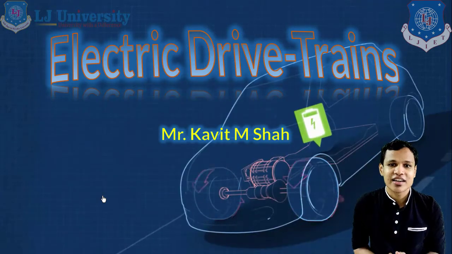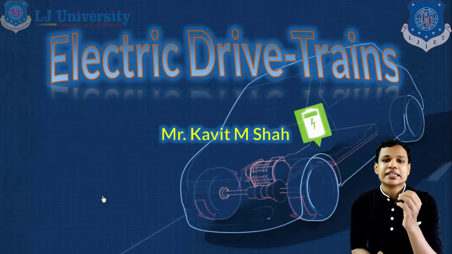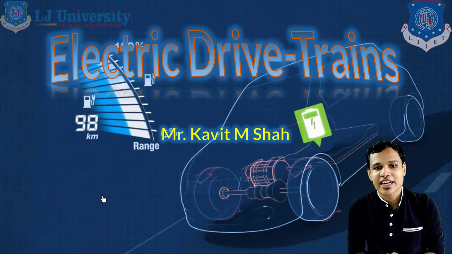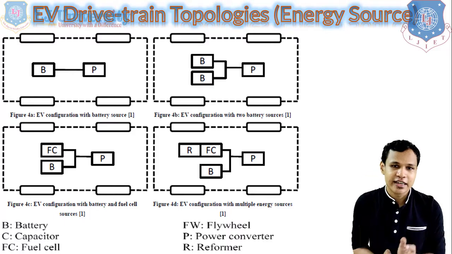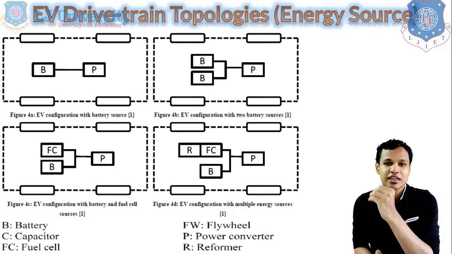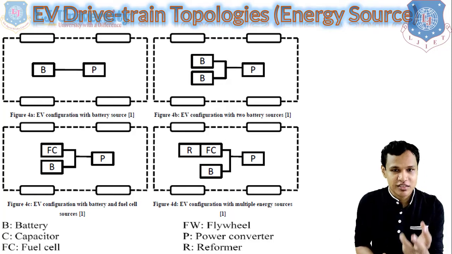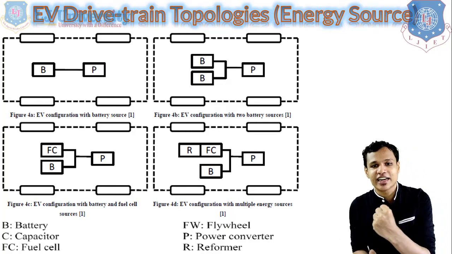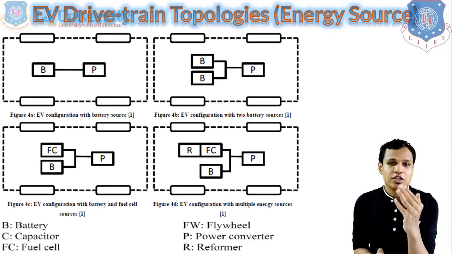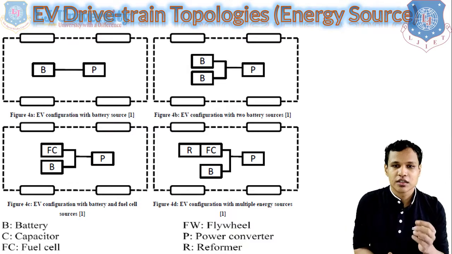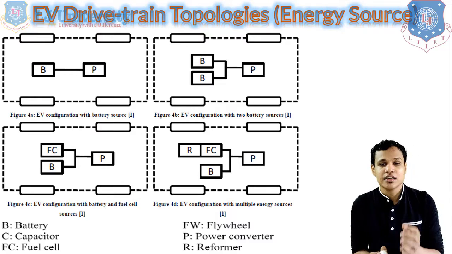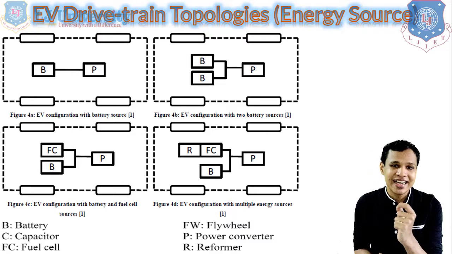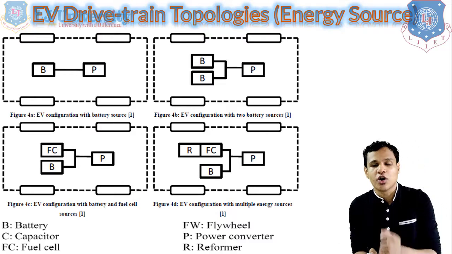So let's start with the different electric drivetrain topologies based on the energy source. Again, there will be 6 different energy source classifications in EV drivetrains; you can see 4 types right now. Before starting, let's review the letters we use for the components.